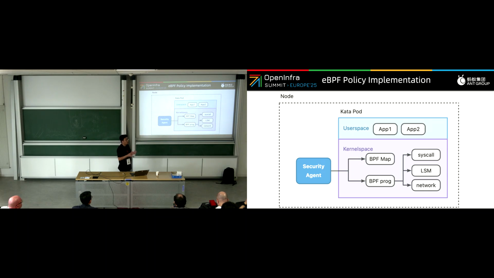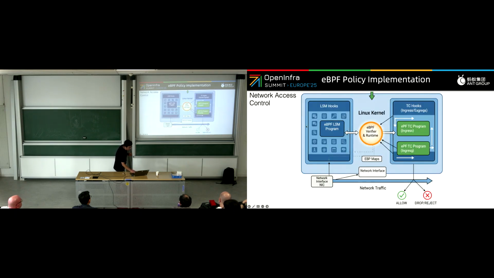The first one is syscall. We will trace or audit the syscalls you run in the containers, and we will use LSM to prevent the syscalls or other network access. And the third is the network part.